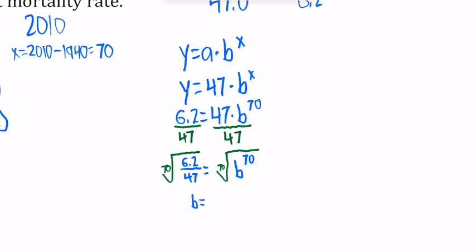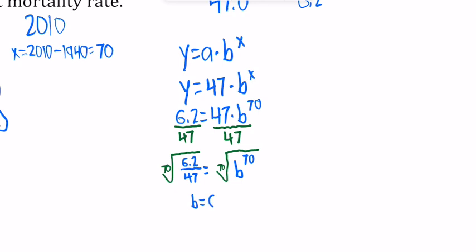So when we calculate this, the 70th root of 6.2 over 47, here's something important: you don't want to round your answer off too much. Rounding your answer off to 1 or 2 decimal places when you're dealing with rates can throw things off quite a bit. If you are going to round, I would go out to about 5 decimal places or so.